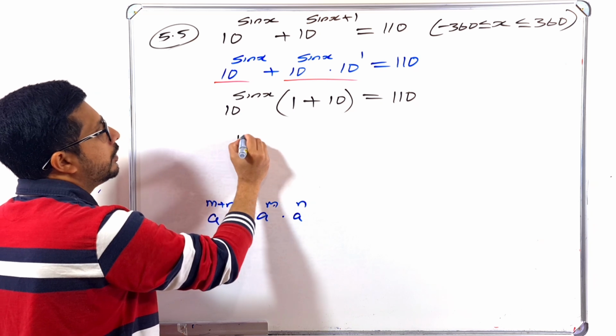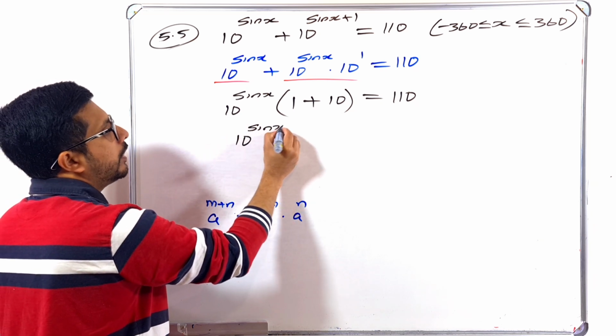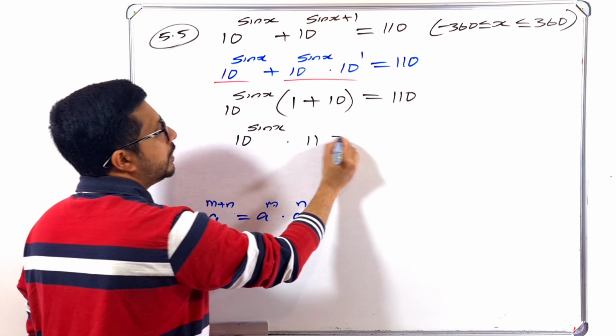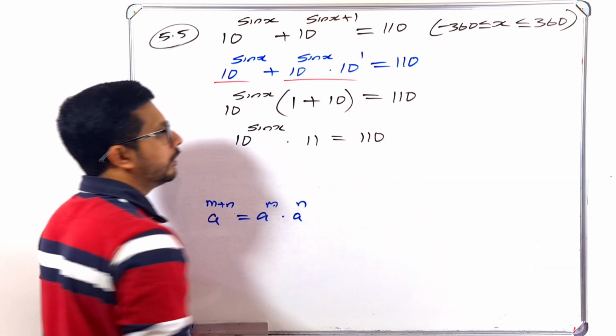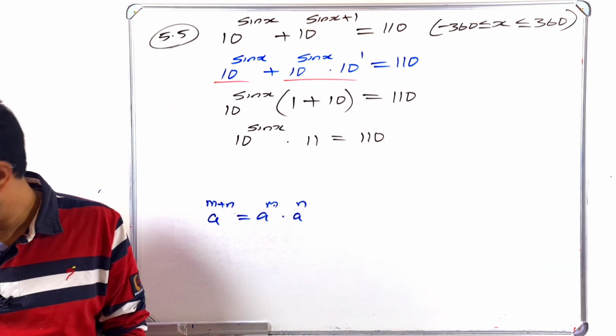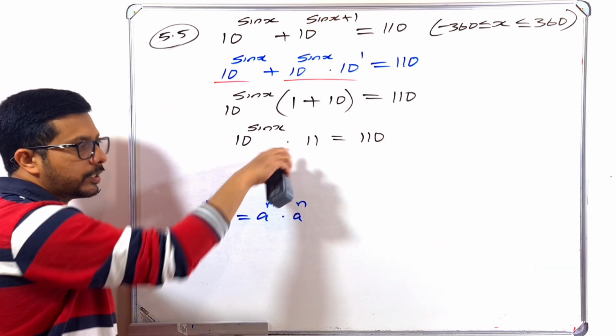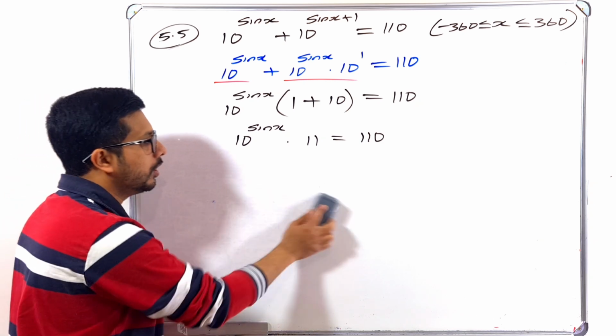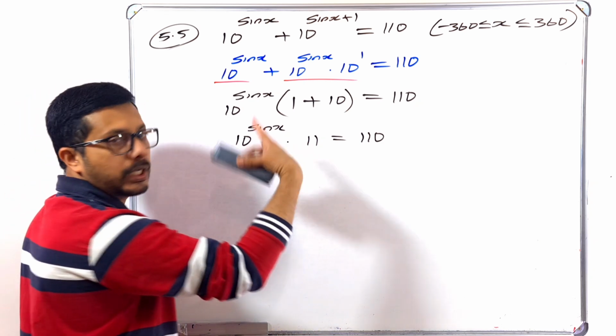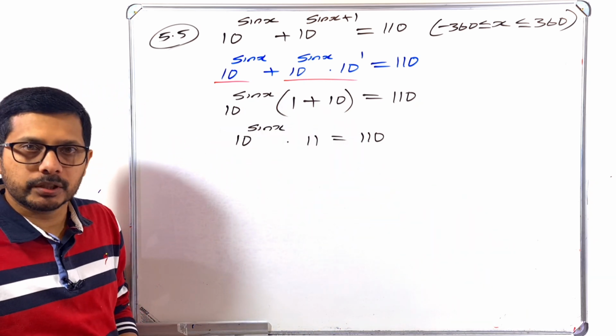So this is 10 raised to sin x into 11 is equal to 110. Okay, so it is multiplication. This dot stands for multiplication. So if I want to take this 11 to the other side, it is division. Is it not so?